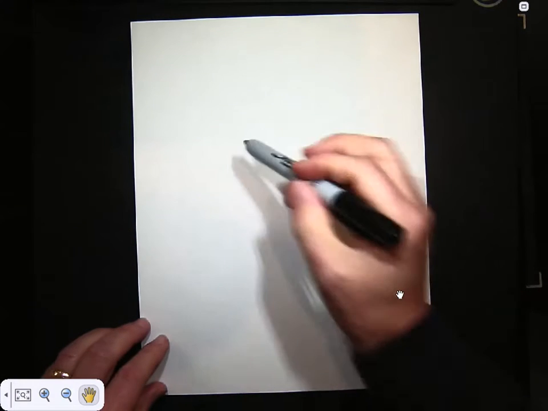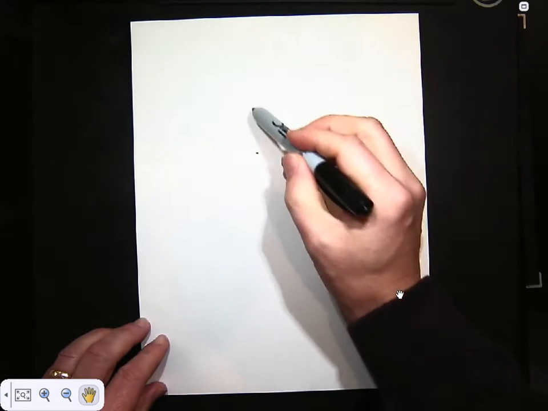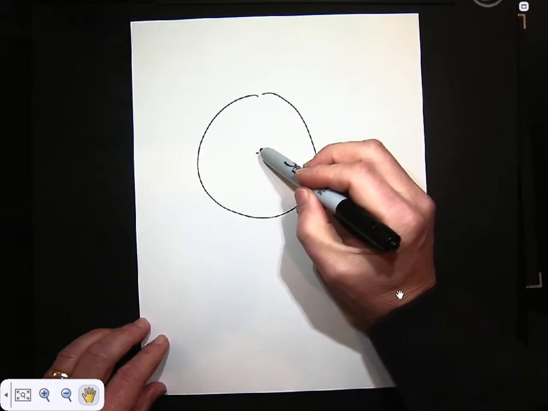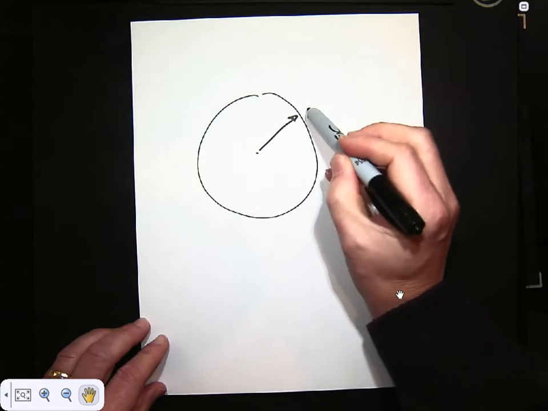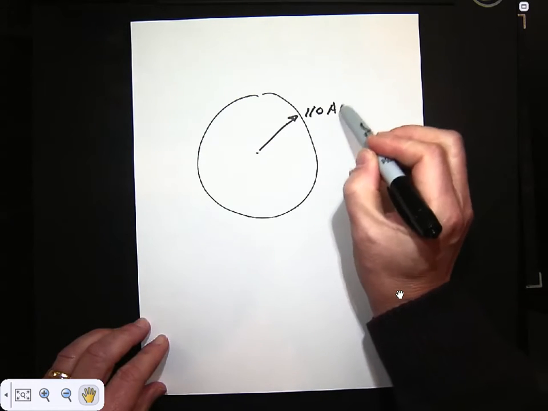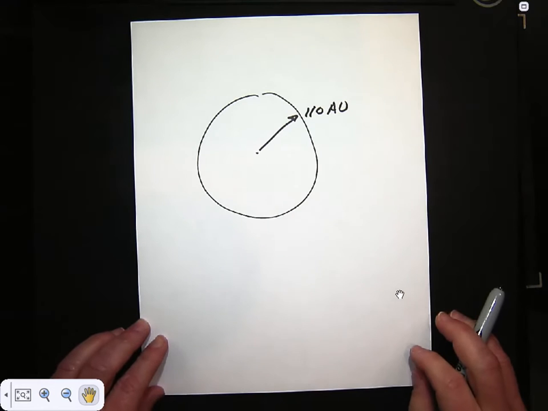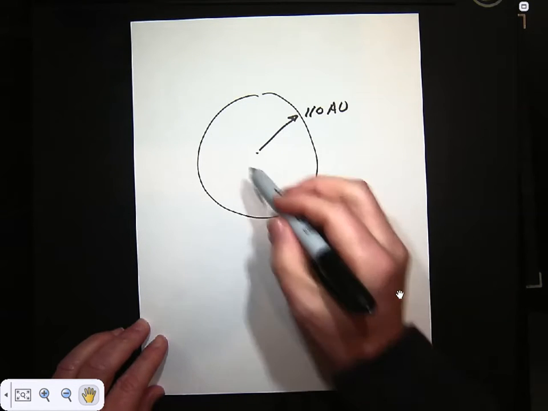One of the things that's very interesting about Kepler's third law is that if I had a circle that was the 109.8, about 110, if I had a circle that was 110 astronomical units, it would take a little over 1,000 years for this to go around the sun.